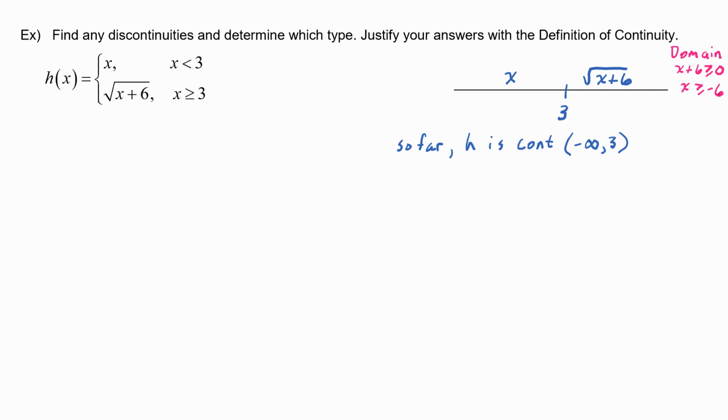So as long as we put in values that are greater than or equal to negative 6, then this part of the function will be continuous on the interval from 3 to infinity. Each piece on its own is continuous for the x values that we're inputting. So the only thing in question is at the changeover point where x equals 3. So that's what we will look at.